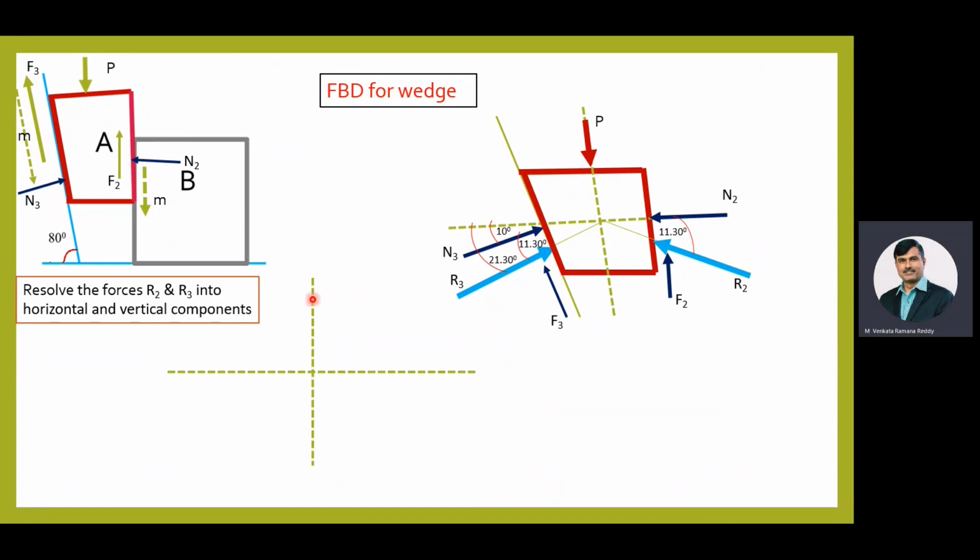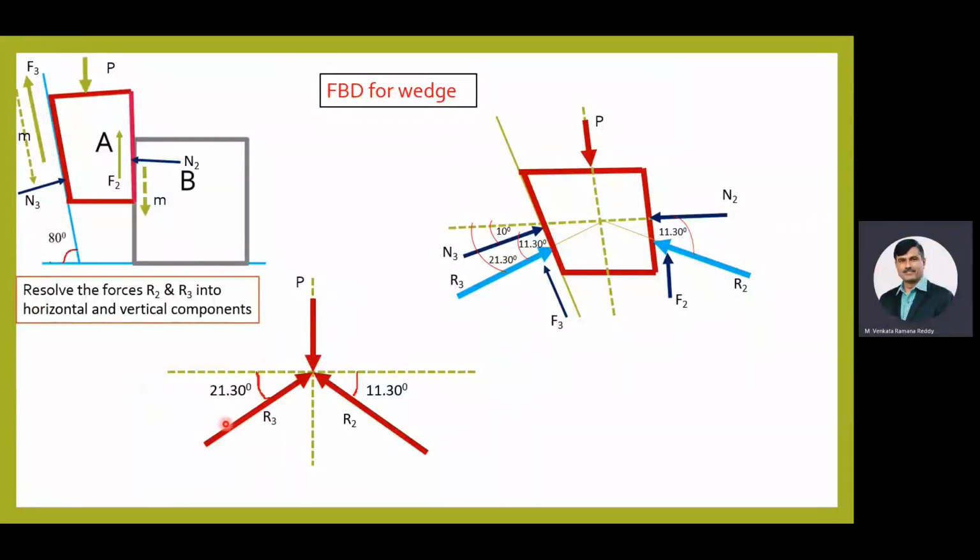Here, this is the applied force P. This is R3, which is making an angle 21.30 degrees with the horizontal, and R2's inclination with the horizontal is 11.30 degrees.